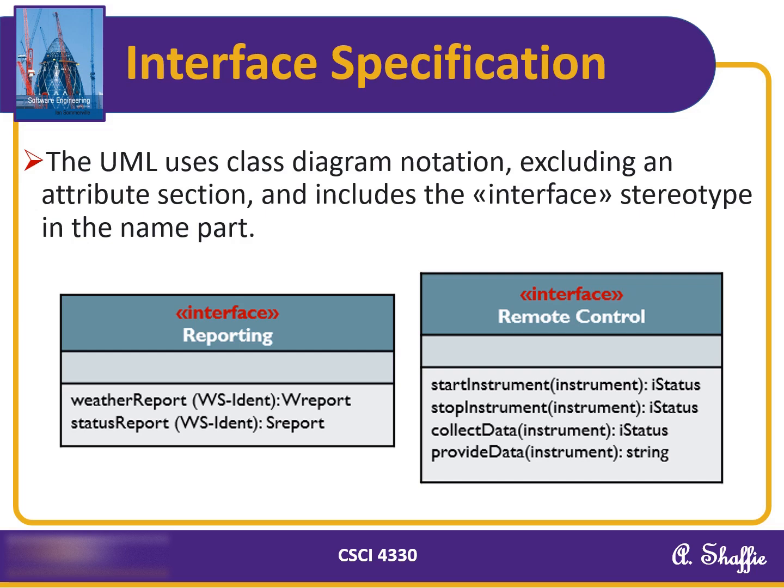For example, the reporting interface includes methods like weather report and status report, which return a specific report type based on the input identifier. The remote control interface includes methods for controlling instruments, such as start instruments, stop instruments, and collect data.